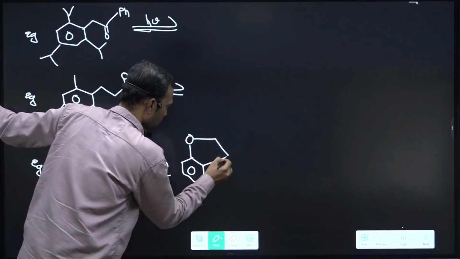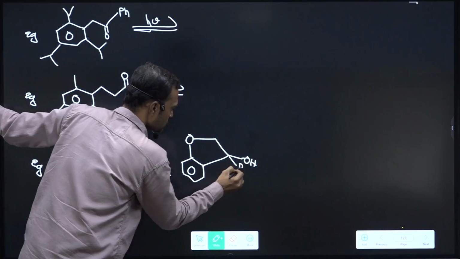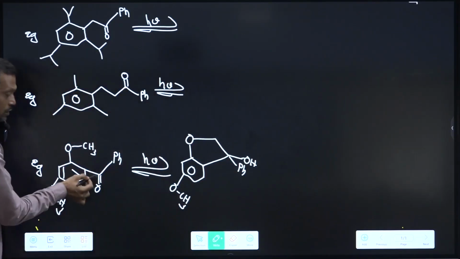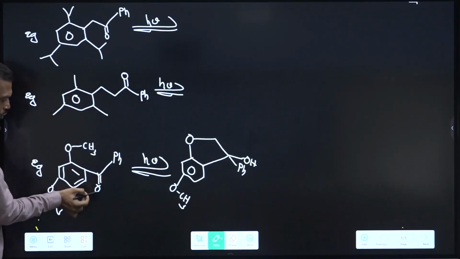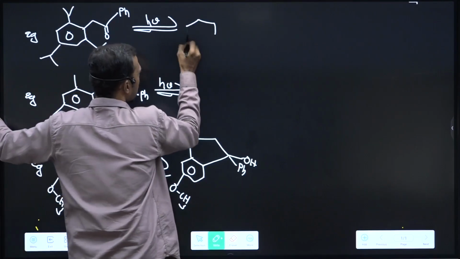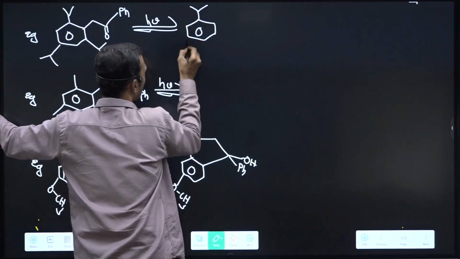It will couple here. This is OH and this is Ph. This and this couple together. This hydrogen donates to oxygen, this carbon couples. Here also it remains the same. Here isopropyl.